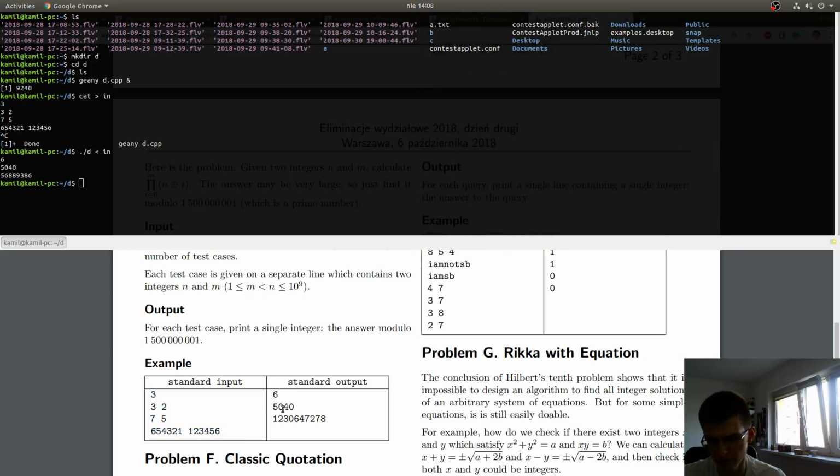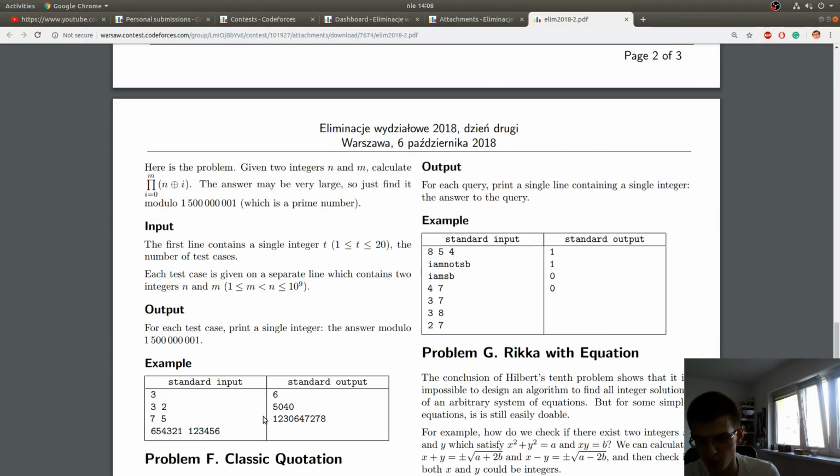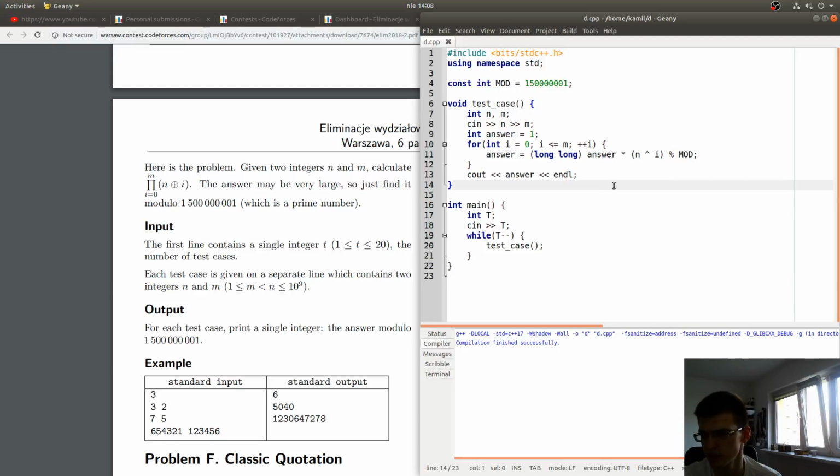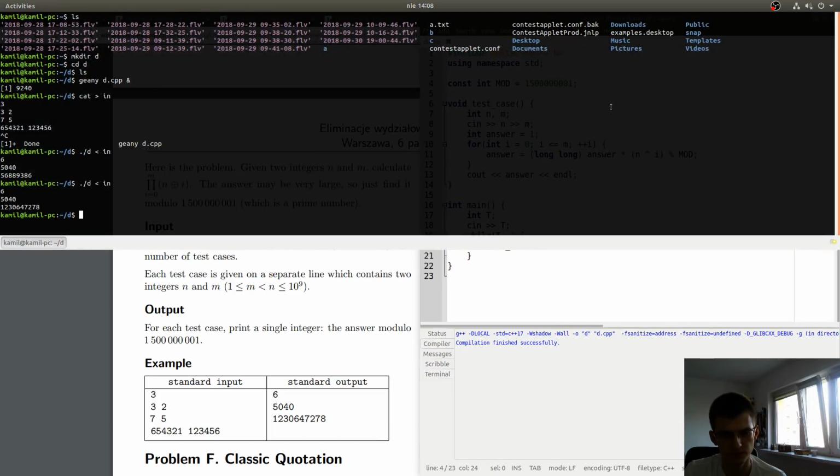So maybe the program is correct, but there is some overflow or something like that. Let's see. Maybe modulo is wrong. Yeah, I forgot a 0 in modulo. And now it's correct.